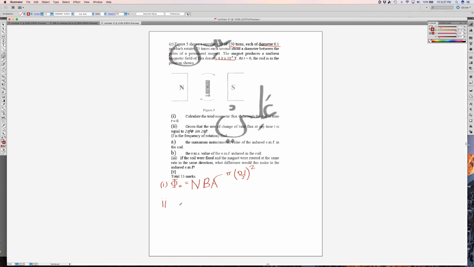The maximum instantaneous value of the EMF is NBA omega, where phi is the total flux. Omega is 2 pi f.